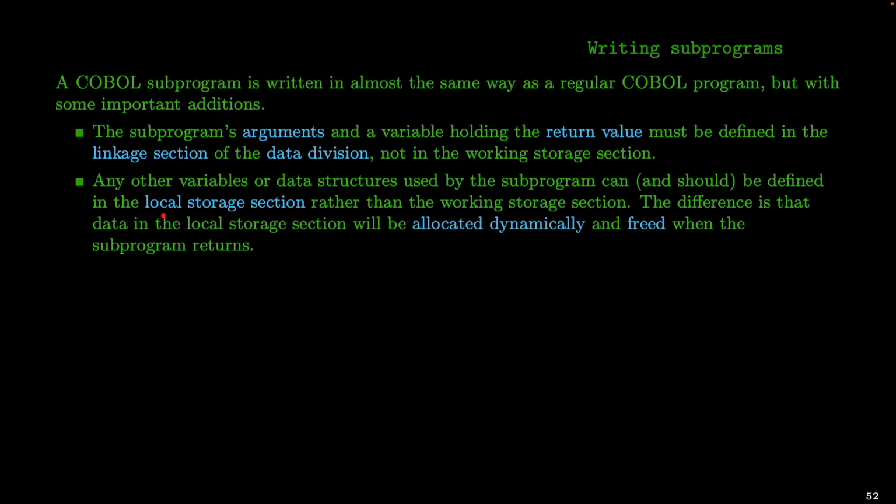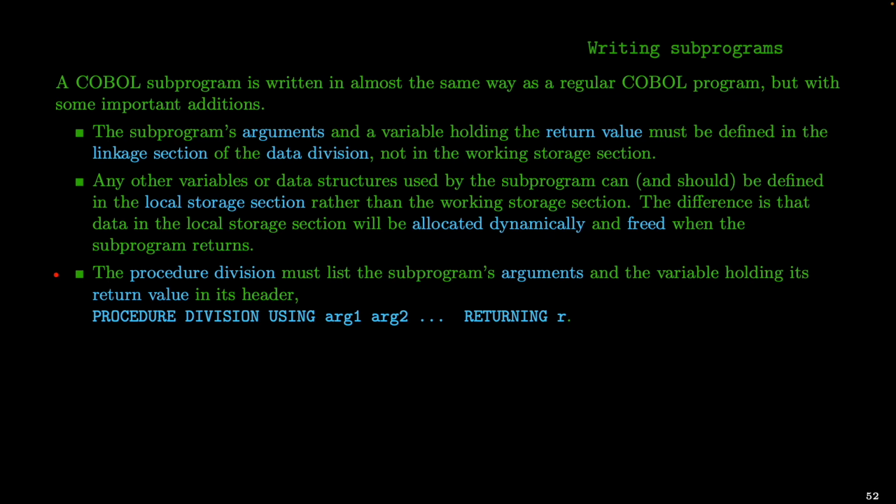Now, what does the local storage section do? The difference between local and working storage section is that the memory for the local storage section will be allocated dynamically on the subprogram call, and it will be freed once the subprogram returns to the main program. The procedure division of the subprogram must list the subprogram's arguments and the variable holding the return value in its header.